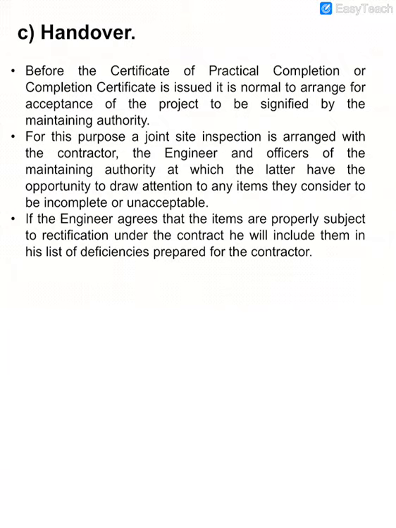So before they issue the certificate, they have to really make sure all the work is complete or acceptable. If not, there will be a problem for the authority in carrying out the maintenance. So they have to agree and be satisfied with all the work. Only then can they issue the certificate.